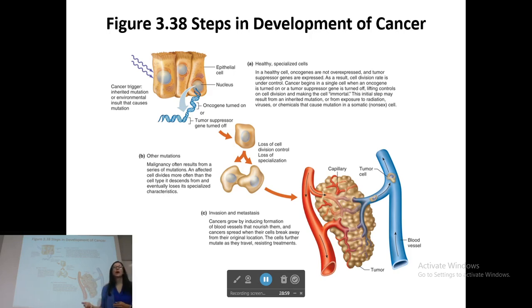So that's another problem with cancer, where it's taking away the blood supply to the healthy tissues, and it's carrying that blood to the tumors. And the tumors are allowed to grow and grow and grow. So that's called angiogenesis.